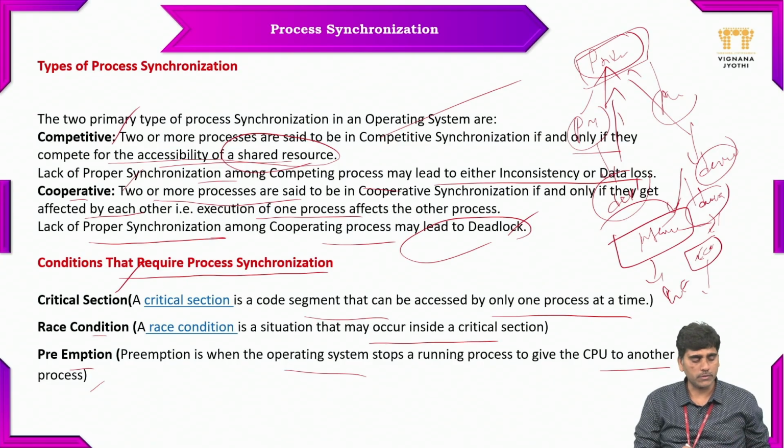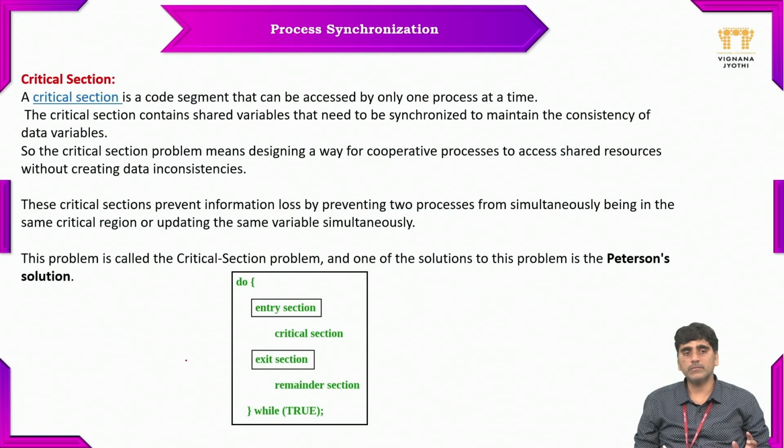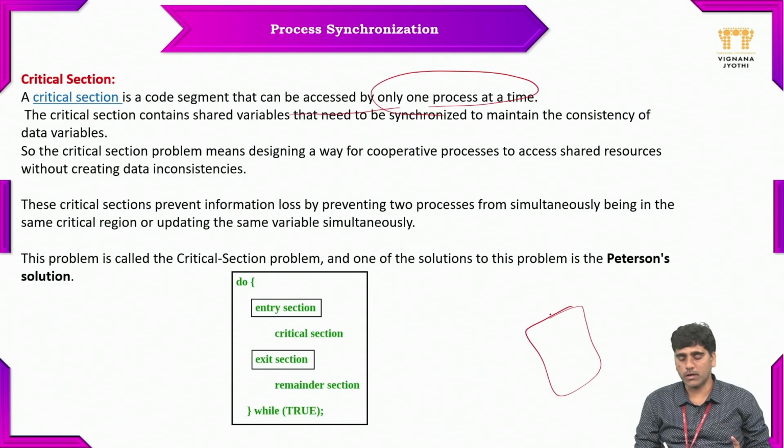So what is meant by critical section? A critical section is a code segment that can be accessed by only one process at a time. It is a separate zone which can be accessed by only one process at a time. One process is allowed to access, and after it finishes, the chance is given to another process.